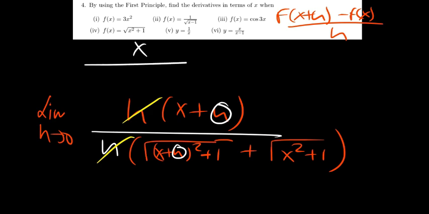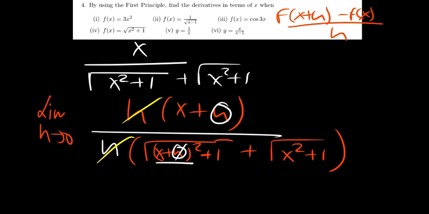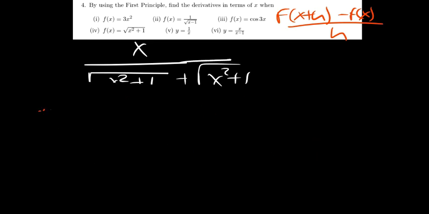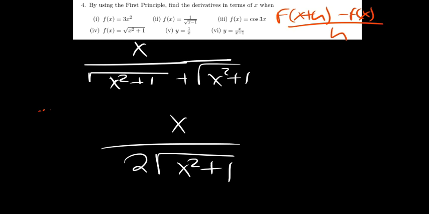On the bottom, the h will go, so you remain with root of x squared plus 1 plus root of x squared plus 1. So eventually you have x over root of x squared plus 1 as the derivative.